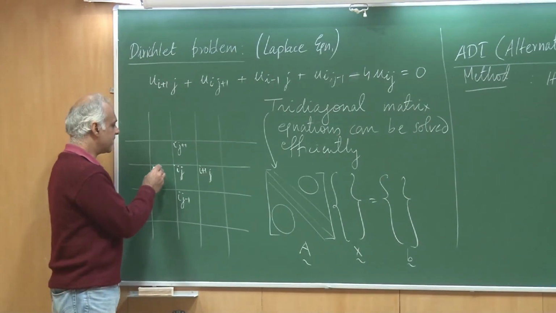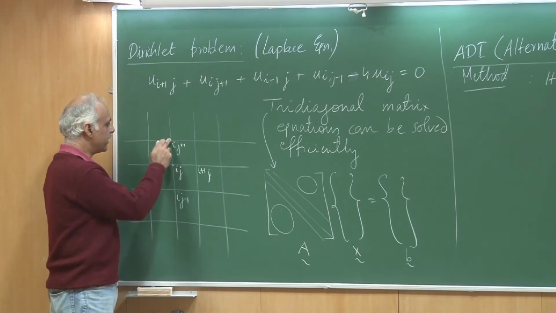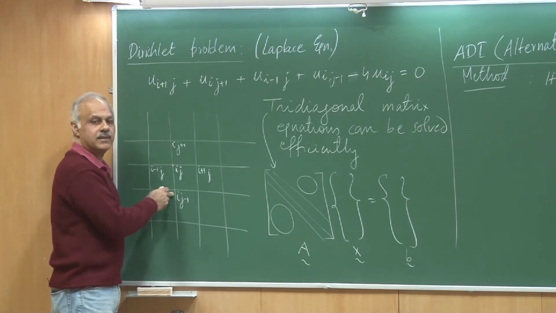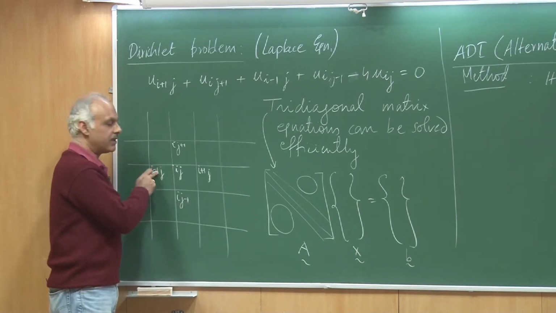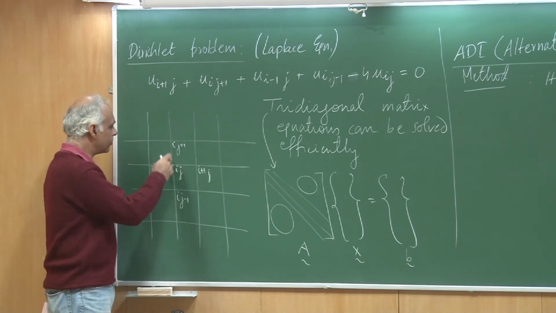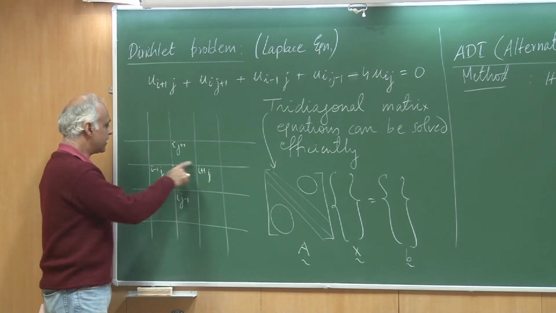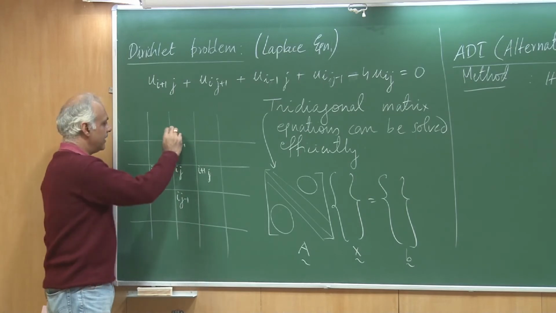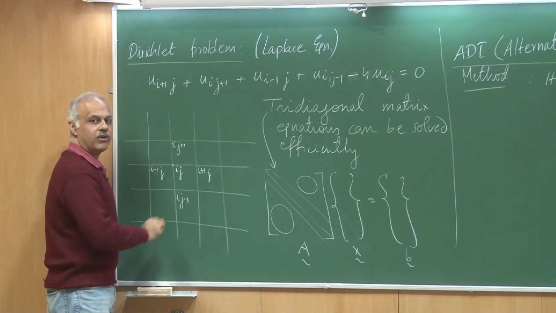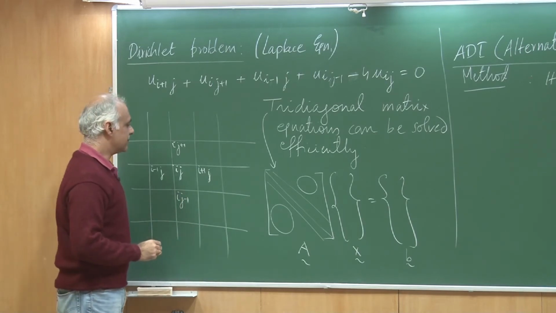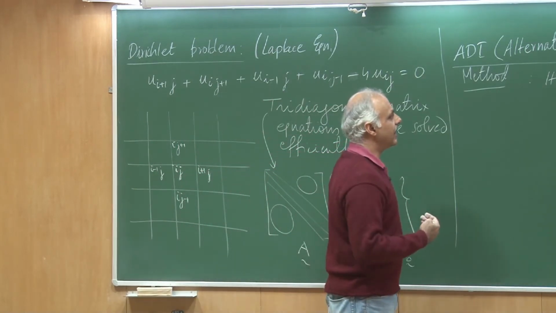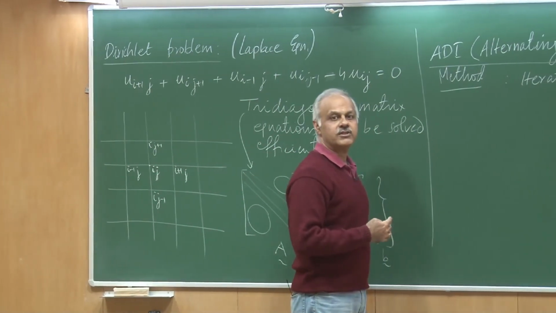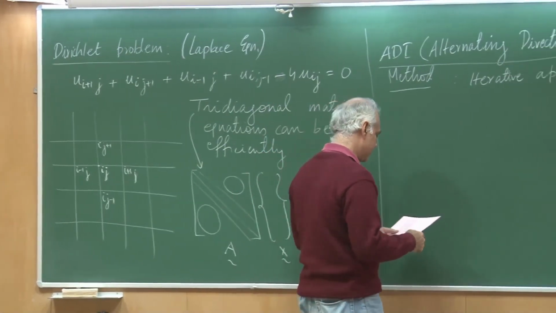Essentially, if I freeze the values in the column, then these 3 values in a row can form a tridiagonal system. On the other hand, if I look at the values only along a column and freeze the values along the row, then these 3 values in a column can form a tridiagonal system. So this method is very innovative. It iterates by freezing alternately rows and columns, and let me show you how it does that.